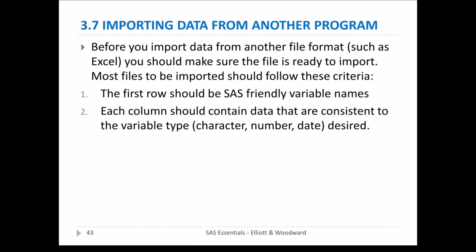In other words, if you're going to have a column named name, which is going to be Bill, Fred, whatever, those are character variables. They should all be character type variables in that column. If you have a column called age, for instance, it should be all numbers. If you have an entry like greater than 21 or something like that, that is not a number. And so you have to be consistent in order for it to read them in correctly.